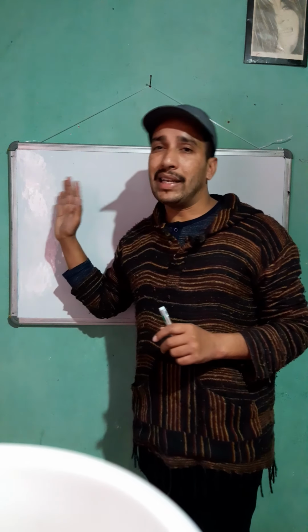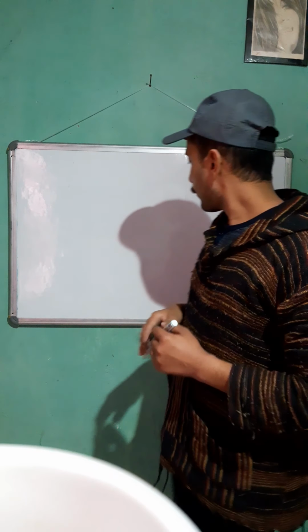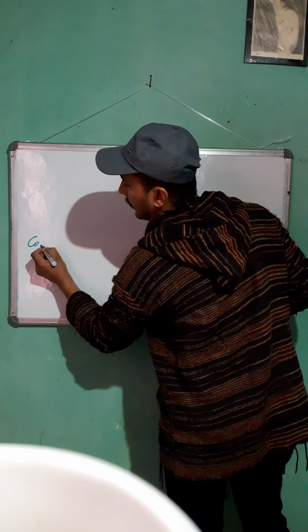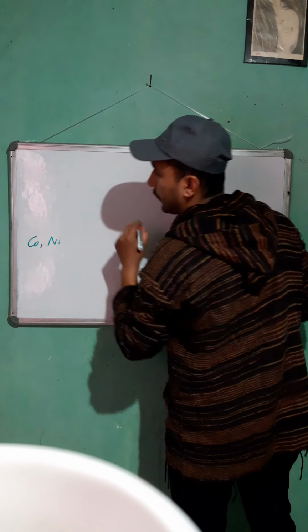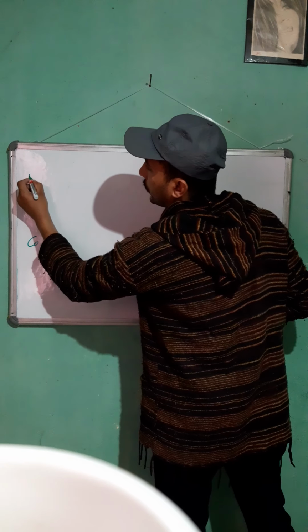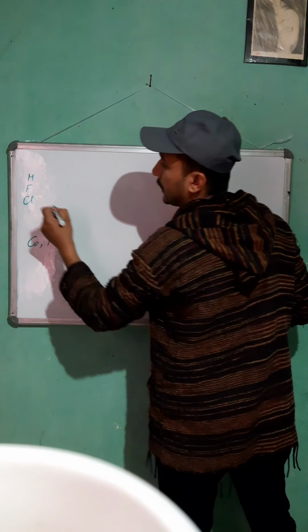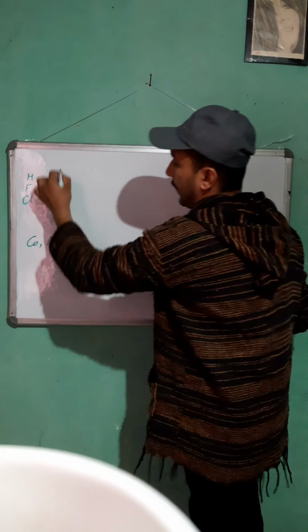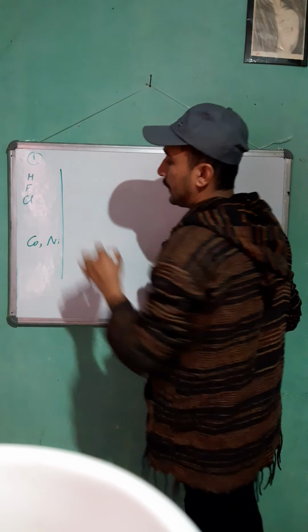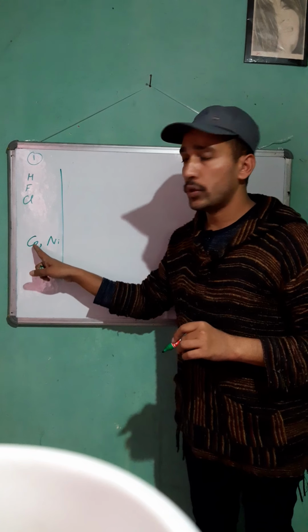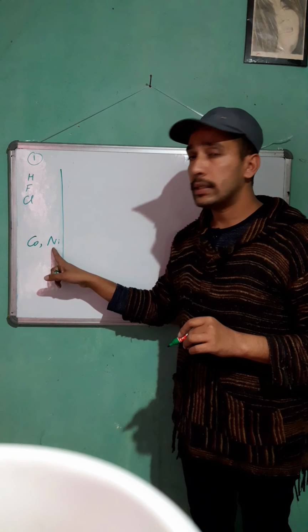Okay, and number two is, he kept cobalt and nickel with hydrogen, below that fluorine was there, below that chlorine was there. Group number one, with hydrogen, fluorine and chlorine, he kept two elements, cobalt and nickel.